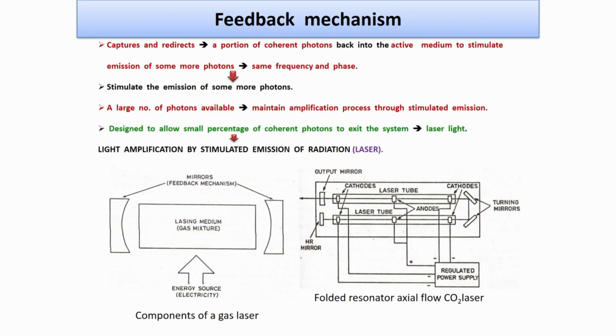So what is the feedback mechanism? These photons are generated in the lasing medium. For machining to take place, we need a sufficient amount of photons. When a beam of energy is falling on a workpiece surface, only then is there machining.